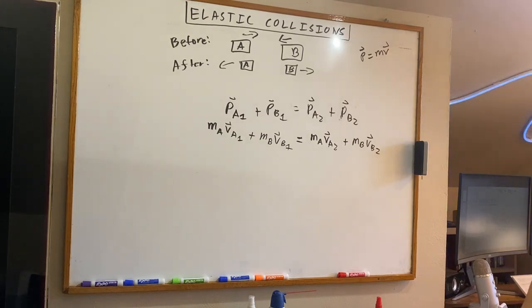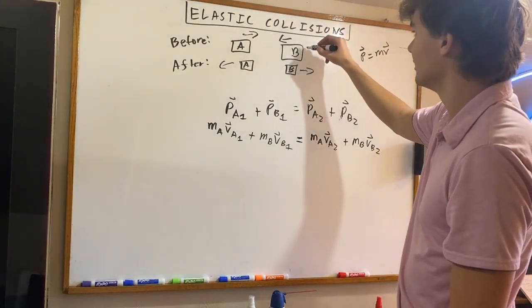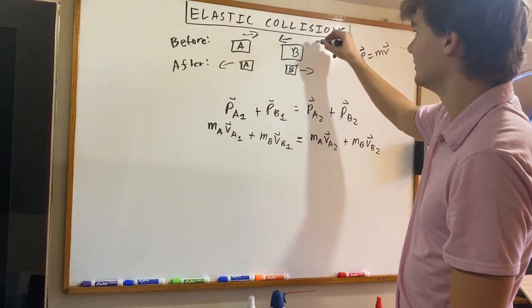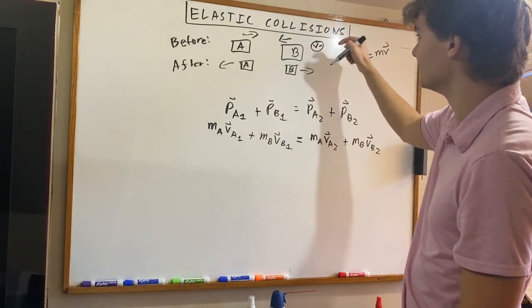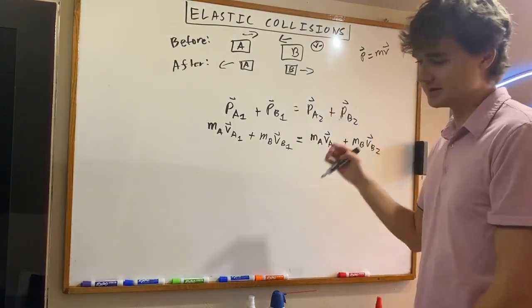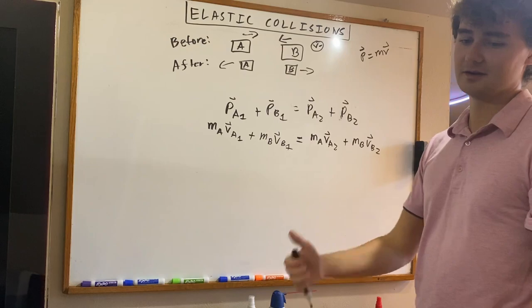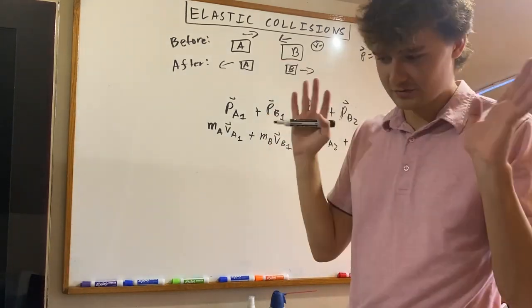But now what we can realize is that for box B in the before scenario, velocity is negative because it's going left. And you can just decide that. It's just the easiest way to decide, left is negative, right is positive. You could make it the opposite, but it would make it tricky to think about.